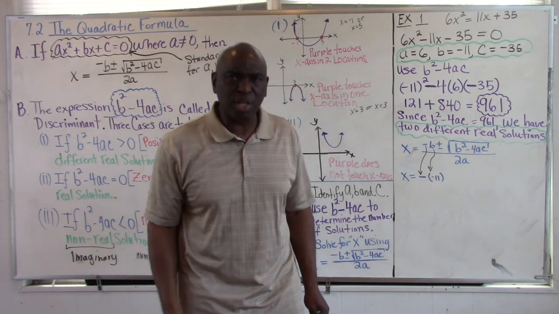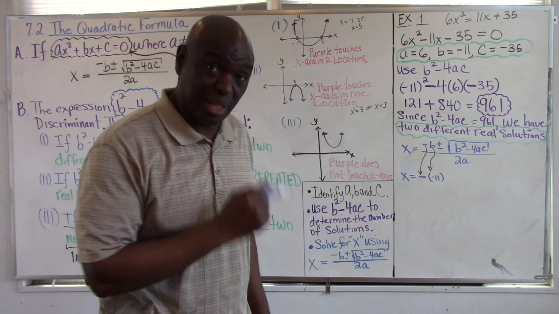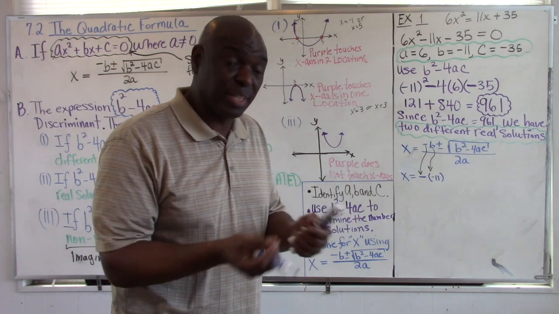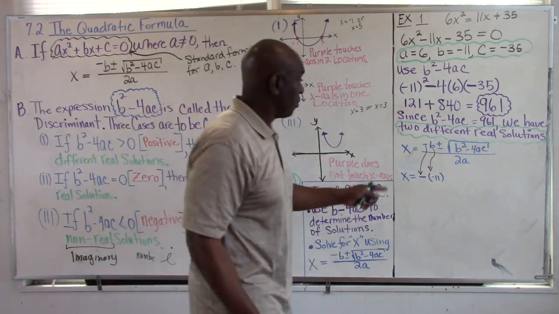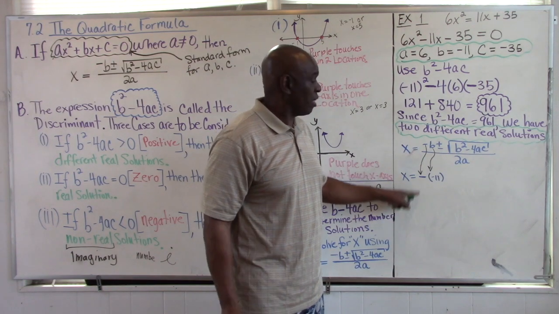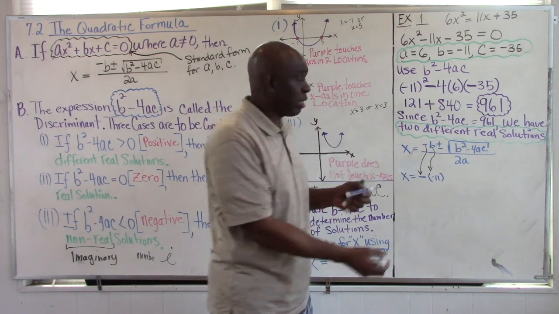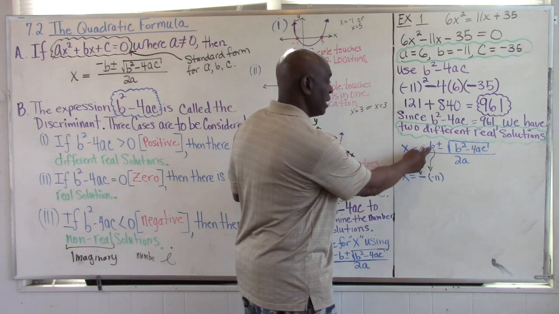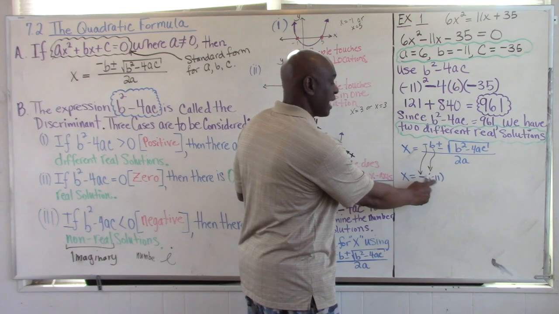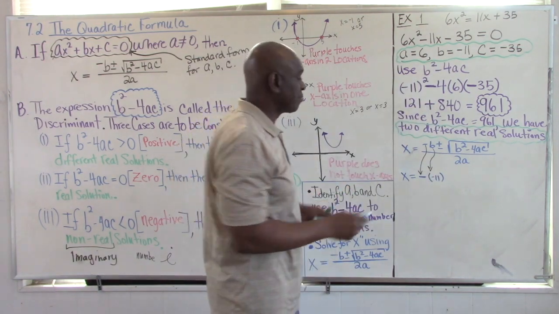You might want to pause the video and let that sink in, because students definitely get that crossed. This negative out here, always bring it down. And then whatever b is, bring b down as well. So it's the negative of negative 11, because that's what b is. All right, we're moving on.